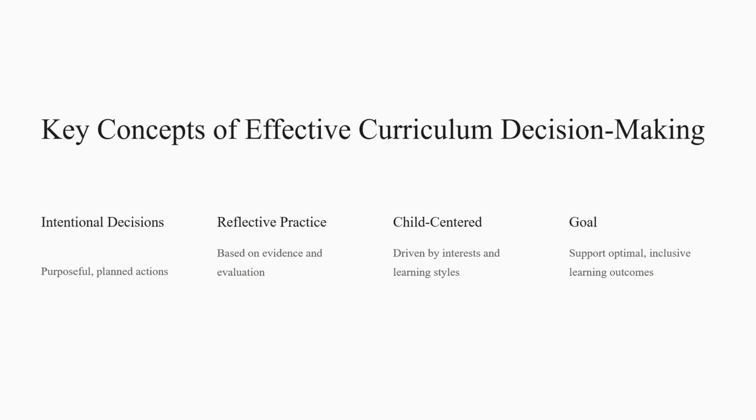And the third one is child-centeredness, which means everything we do should be guided by the children's interests, needs, and their learning styles. Our ultimate goal is to create an inclusive environment where each child can thrive and reach optimal learning outcomes.